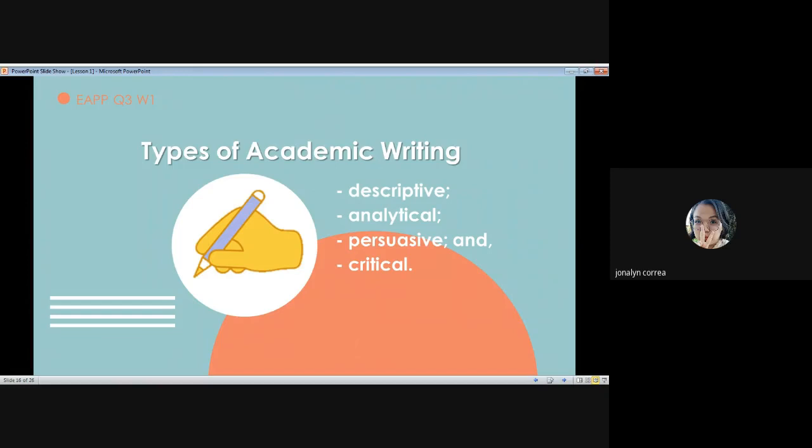But sometimes in many academic texts, you will use more than one of these types. So maybe a combination of two, three, or you can use all of them. For example, in an empirical thesis, the thesis that you are going to write once you are in college, you will be using critical writing in the literature review to show where there is a gap and opportunity in the existing research.